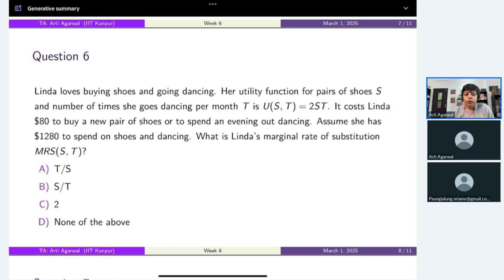So if you want to go through the question, you can do that. One of the earlier questions, the one with Digo and burritos and pizza, that is also from a book, I think from Perloff. I don't remember exactly, but I've also modified some of the questions, so they are not exactly what they were in the book.